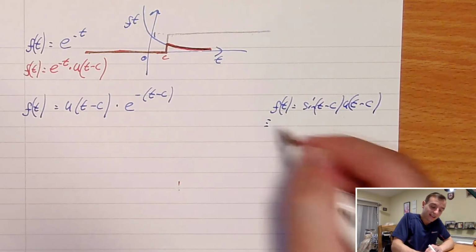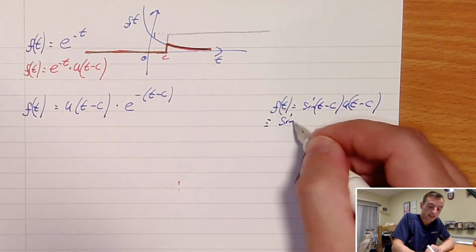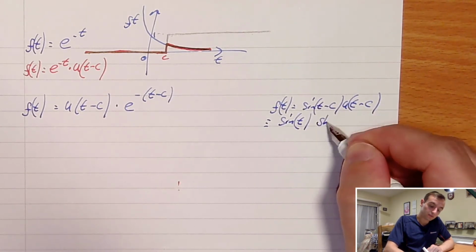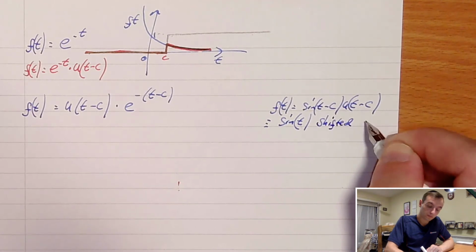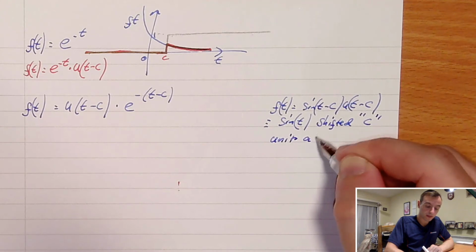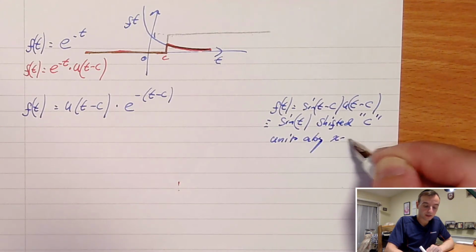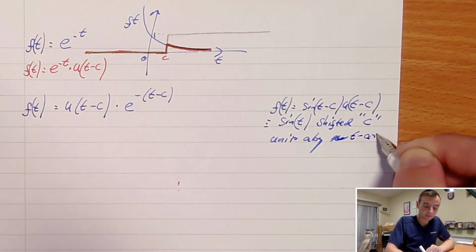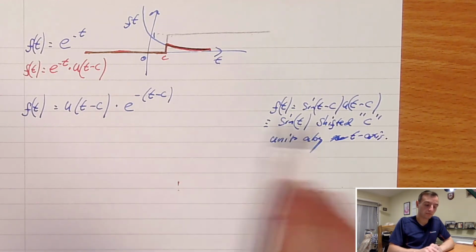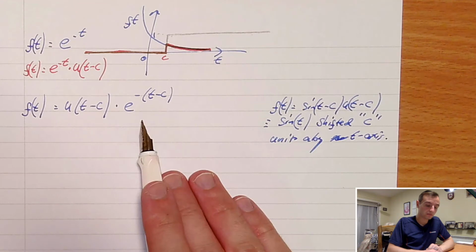That is identical to sine t, well, that's good, a nice easy function, shifted c units along the t-axis. And that looks very similar to a function of t minus c, u(t minus c).